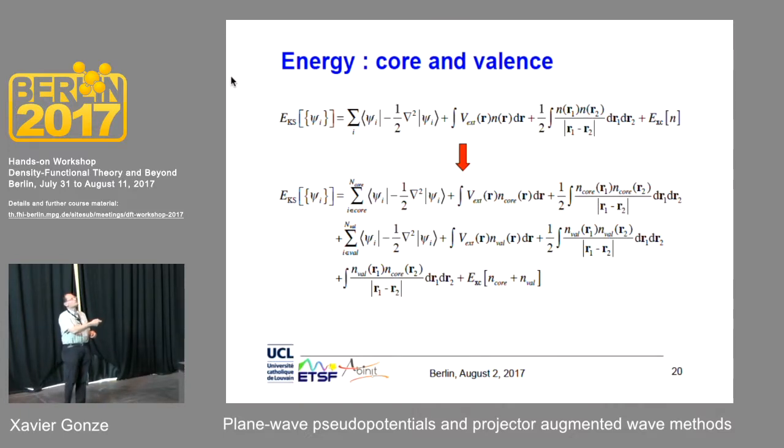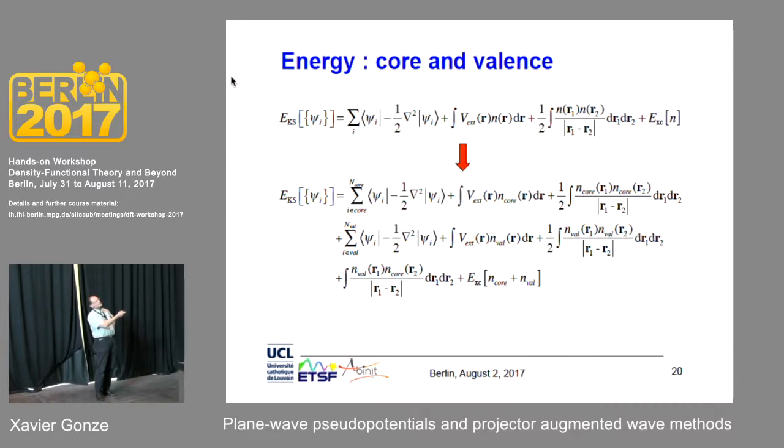At this stage, I simply write n core plus n val. So we have this line completely defined and related with the core. This one completely related to the valence, while the cross products are present in the third line. It happens that we will be able to treat this term very easily by actually plugging it inside this one.